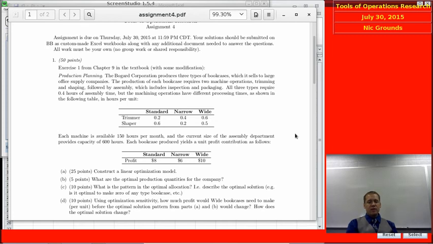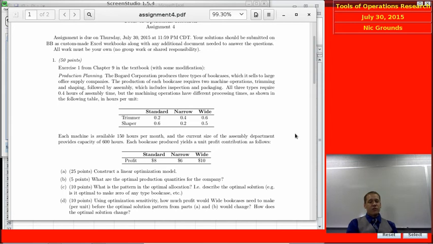Now, those bookcases require work from effectively 3 different departments, or 3 different things have to be done to them. One is trimming, one is shaping, and the other is assembly. And depending on the bookcase type, they require different amounts of work, different times to make those bookcases.